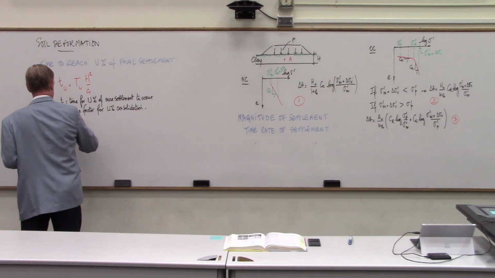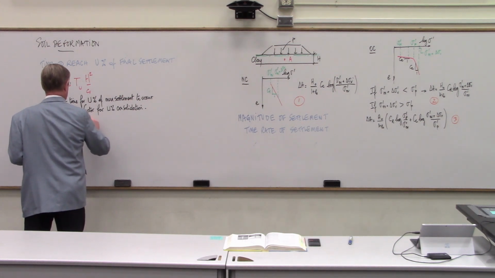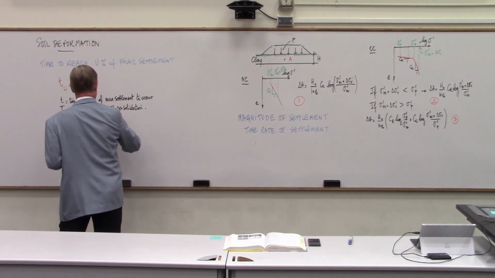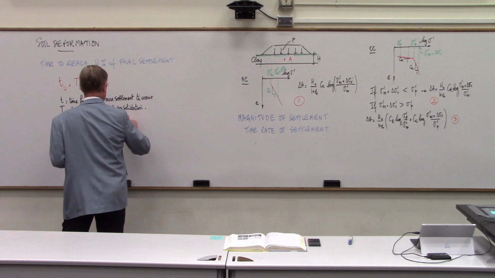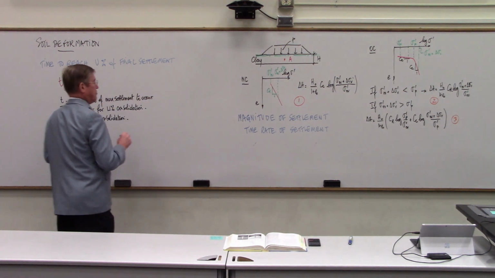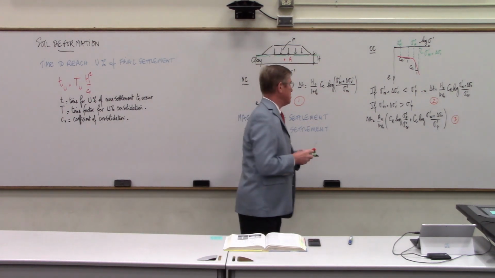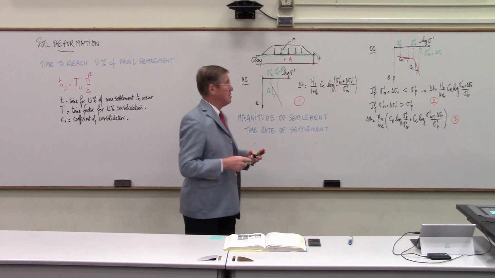C sub v is the coefficient of consolidation. So you've got to be careful because there are a number of coefficients associated with the consolidation. Right here I told you about C sub C, compression index.